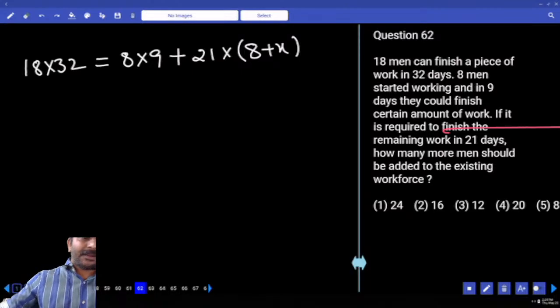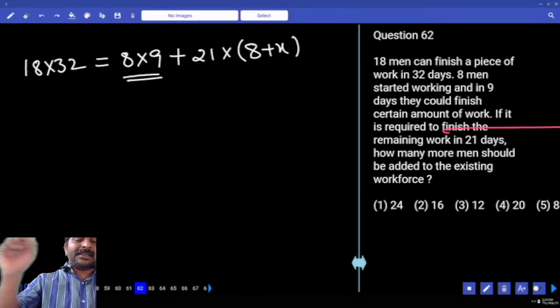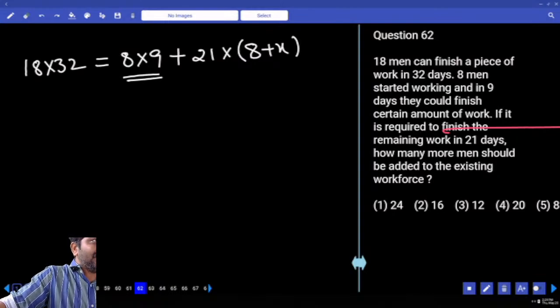Yes, right. 8 into 9. For some time, can I write this number 8 as 4 into 2? Can I write this as 4 into 2 into 9? That is 4 into 18 only. That goes to the left hand side.